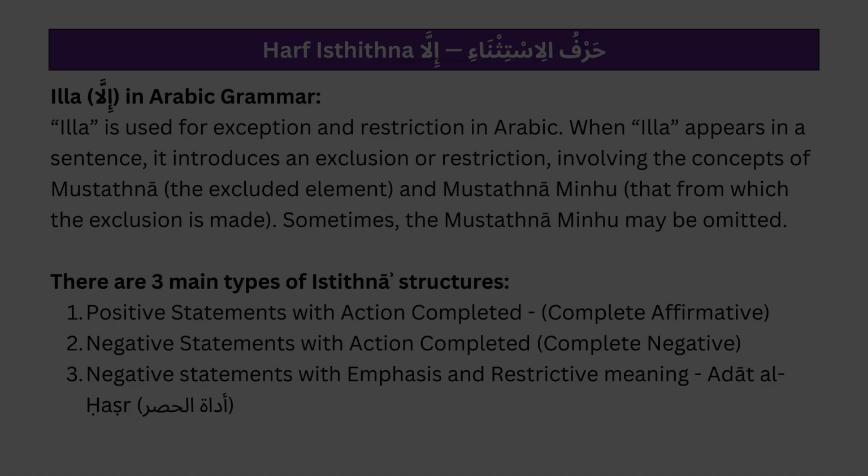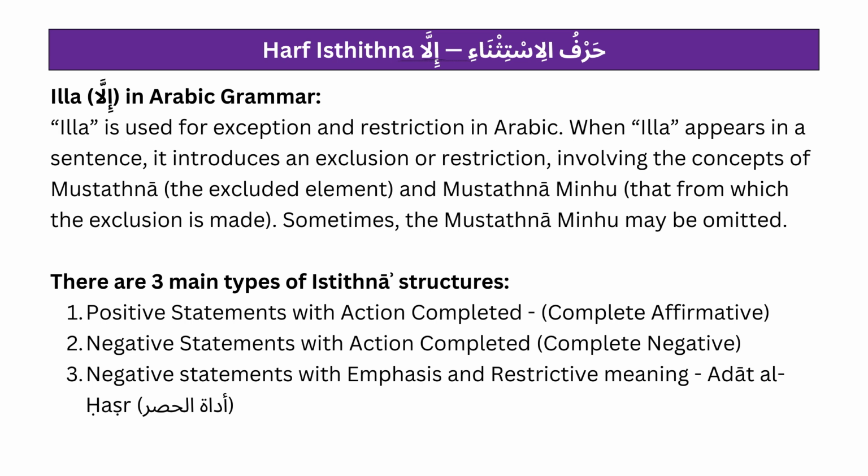Now let's read the next section on the slide, Illā, in Arabic grammar. Illā is used for exception and restriction in Arabic. When Illā appears in a sentence, it introduces either an exclusion or a restrictive meaning, and this involves two key terms. The first term is al-mustathna, the excluded element.